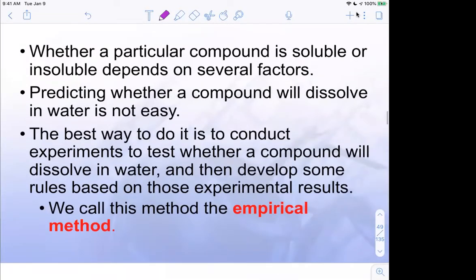The best way to figure this out is to conduct experiments to experimentally determine whether a compound will dissolve in water or not, and then look at all the data to develop some rules. This is an empirical method.